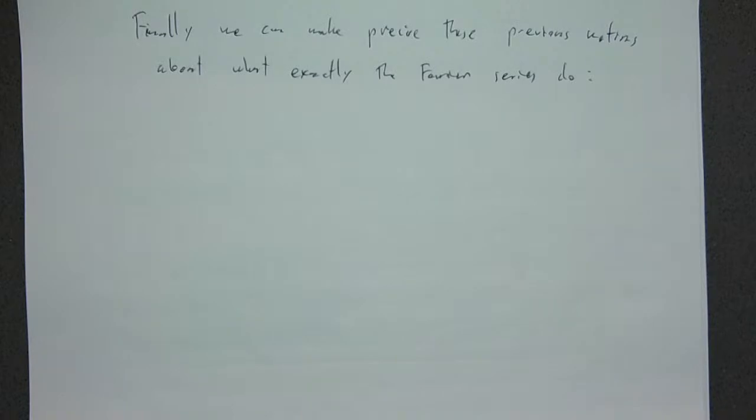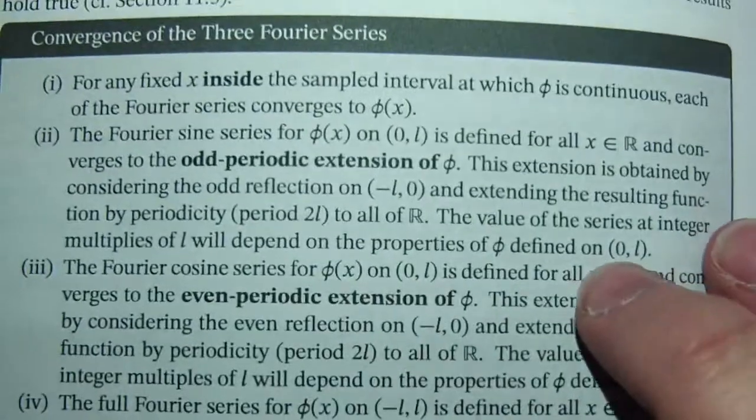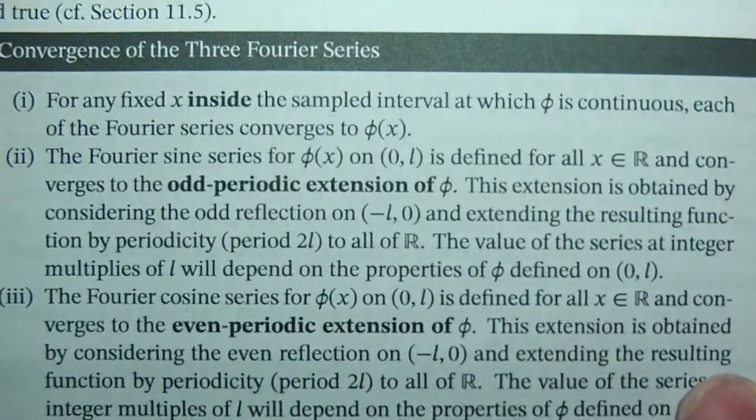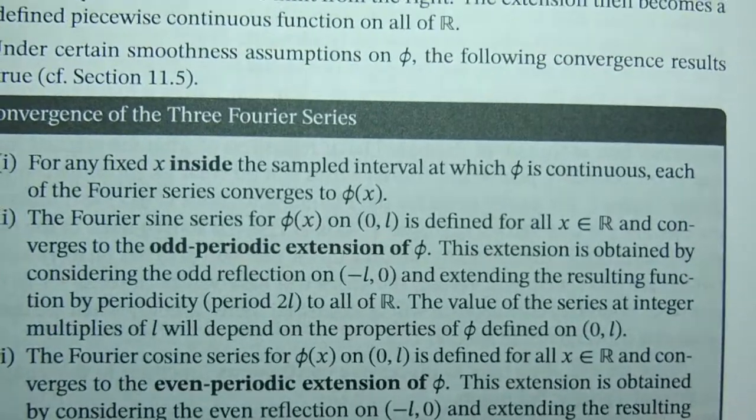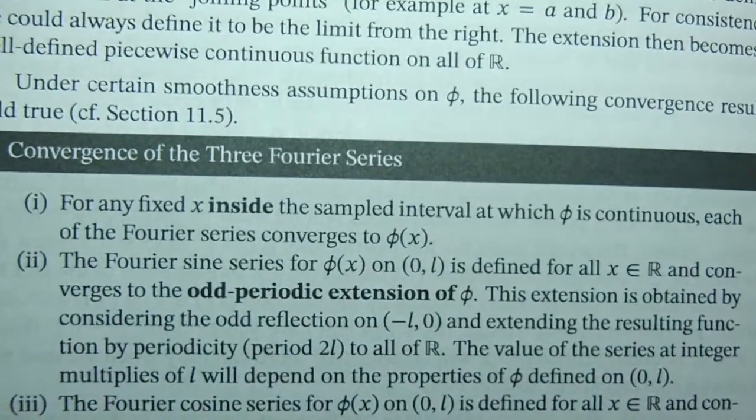Okay. So, again, this is a pretty long-winded set of statements here, so I think it's best if we go over these together with the convergence results. Again, I'm not going to prove the convergence, but here they are.